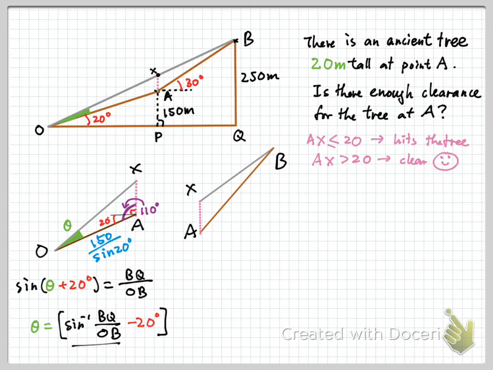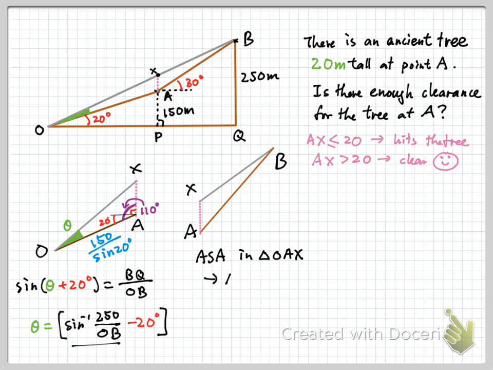BQ is 250. OB is the answer we just obtained previously. Anyway, so we have theta. Once you have theta, it is again a typical ASA situation. We have the green angle, we have the blue line, and we have the purple angle. So apply the ASA sine formula in triangle OAX.